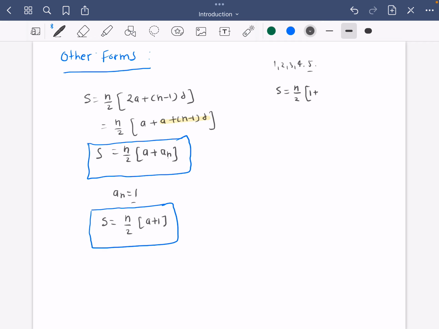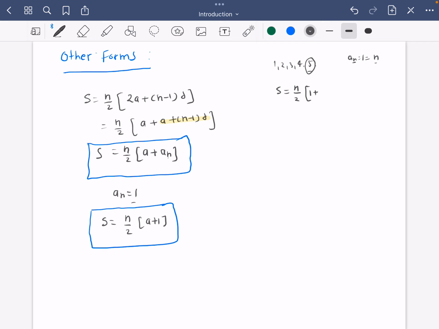The last term is going to be an or L. Because positive integers are numbers, the last term is the last number, so an is going to be n. For example, the last term is 5, which is also the number of terms: 1, 2, 3, 4, 5.